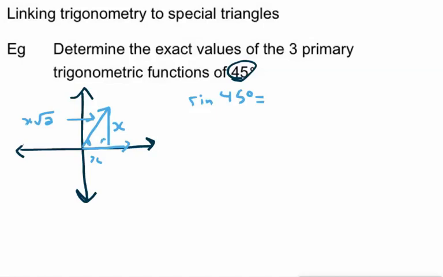So the opposite is this side that I just underlined in yellow. Hypotenuse, right there. So sine of 45 is x over x root 2.